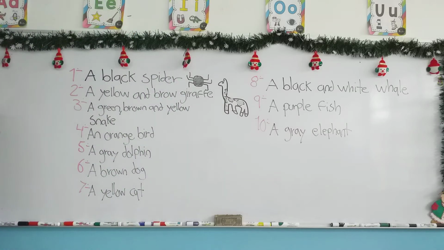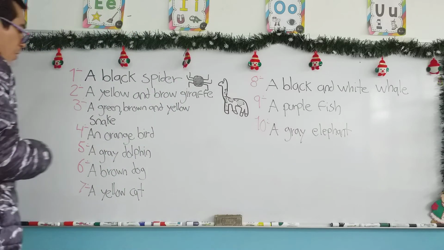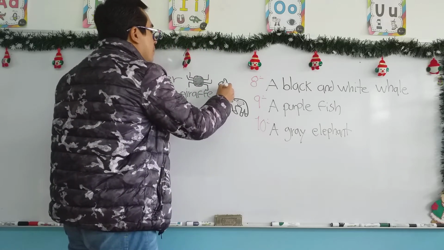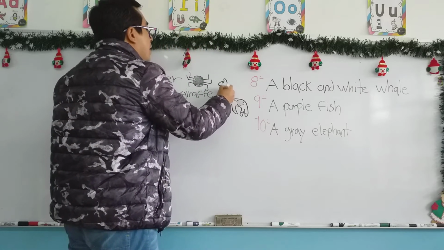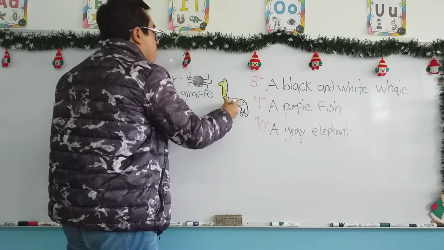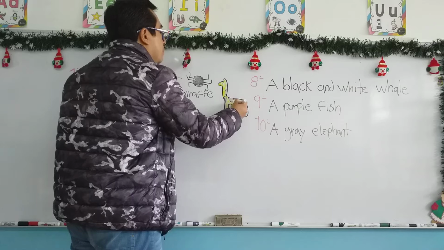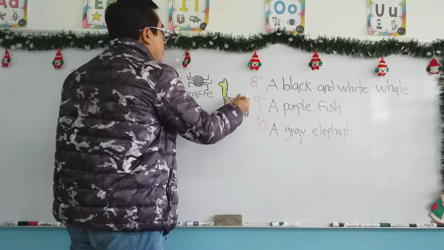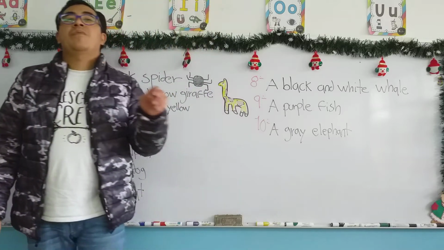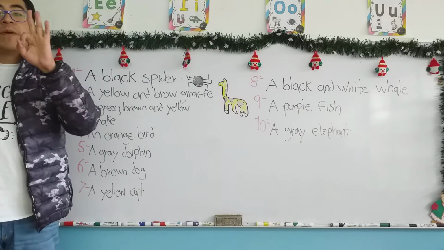And the rest of the body with color yellow. A yellow and brown giraffe. Very good. Then we continue with animal number 3.